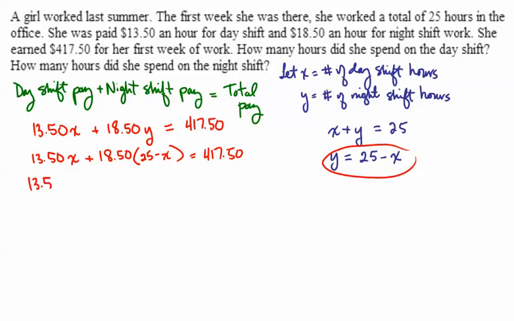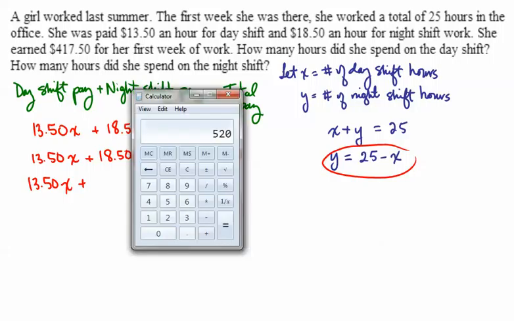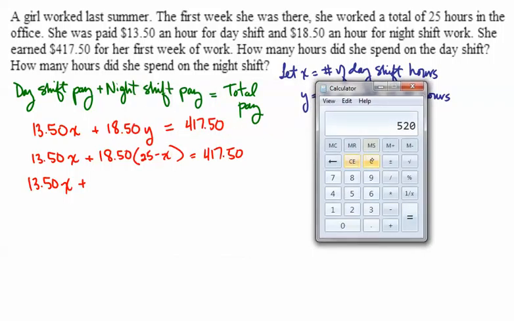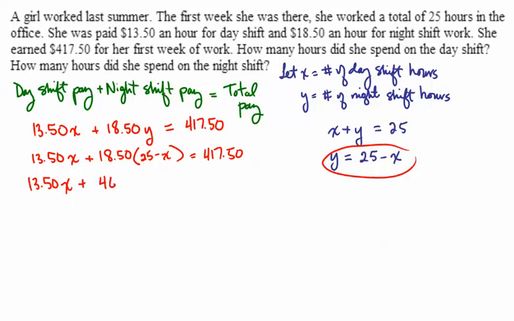First I'll bring down the $13.50x, then multiplying 18.50 times 25, and I'll use my calculator for that. 18.50 times 25 is equal to 462.5. Then 18.50 times negative x is negative 18.5x, total of 417.50.